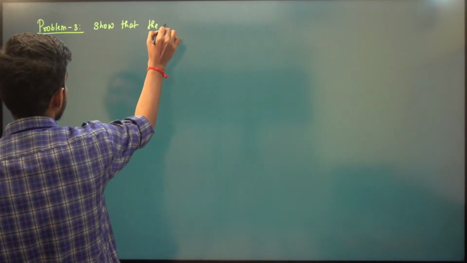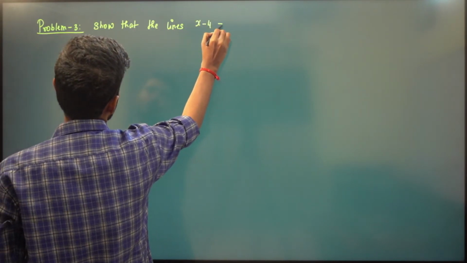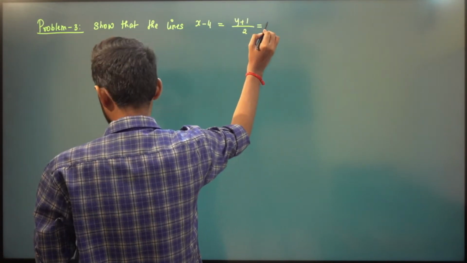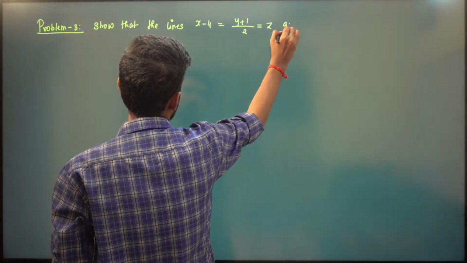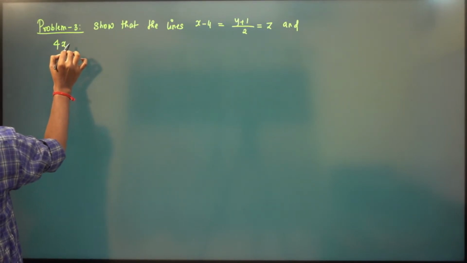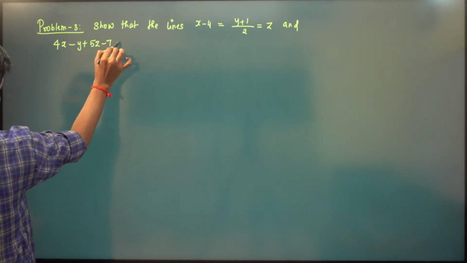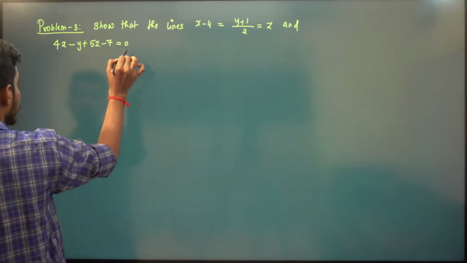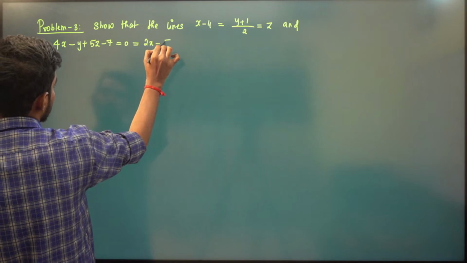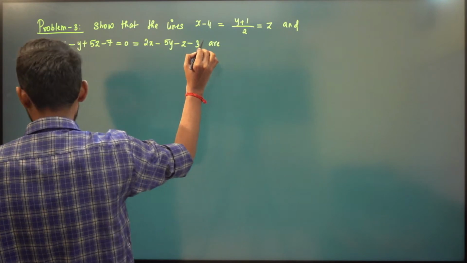Show that the lines (x minus 4) = (y plus 1)/2 = z, and 4x minus y plus 5z minus 7 = 0 = 2x minus 5y minus z minus 3, are coplanar.